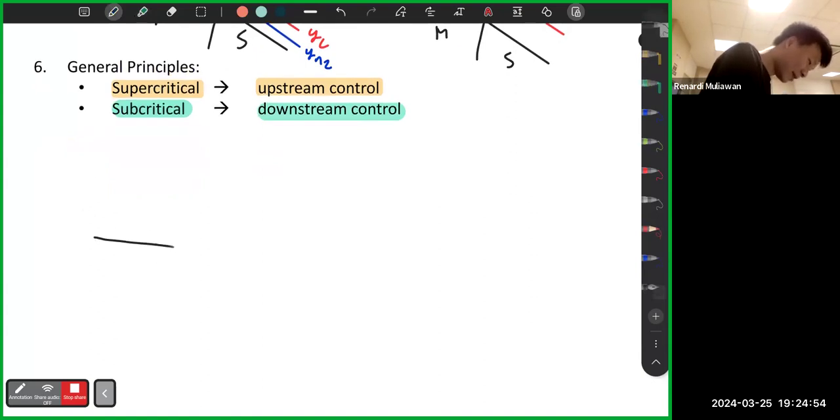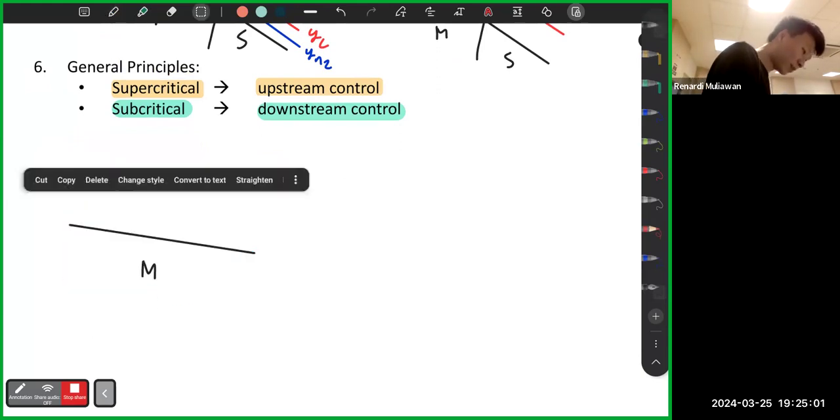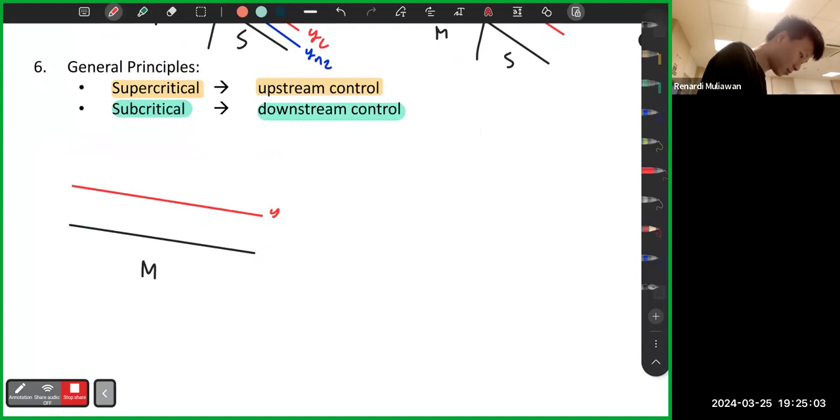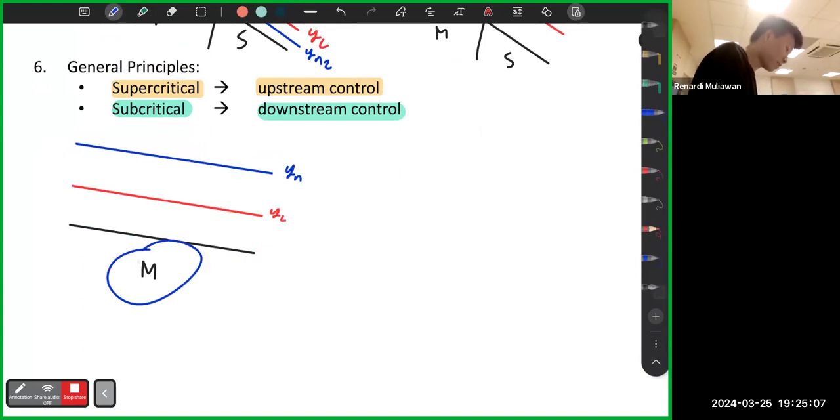So imagine you have an M slope. For an M slope, YC is here, YN is above. For M slope, the flow is subcritical.